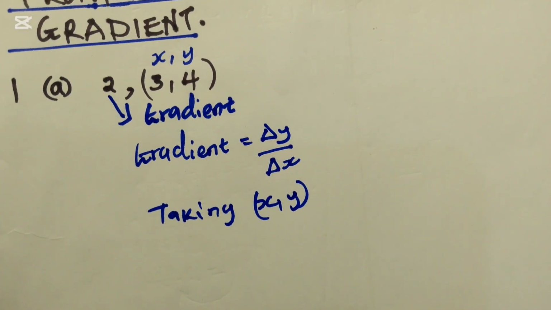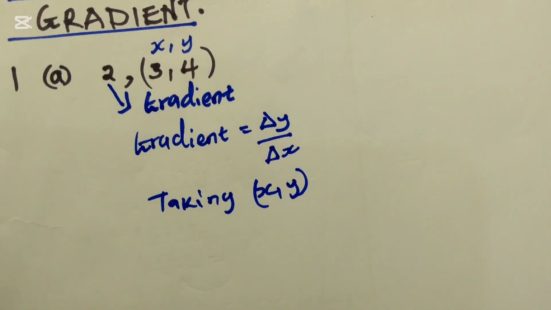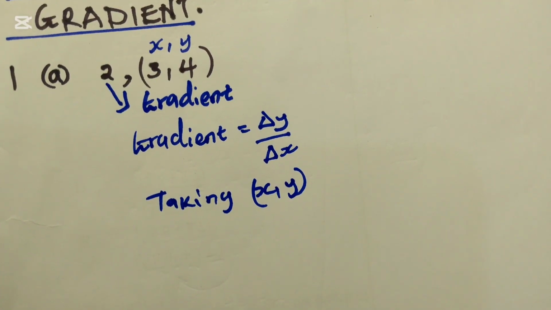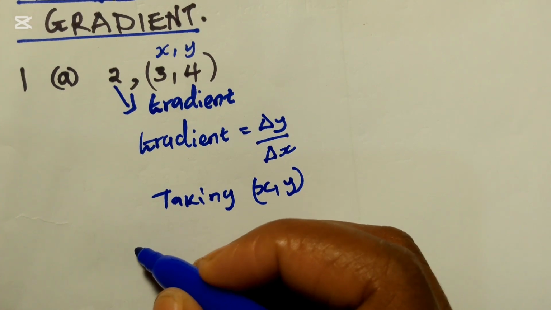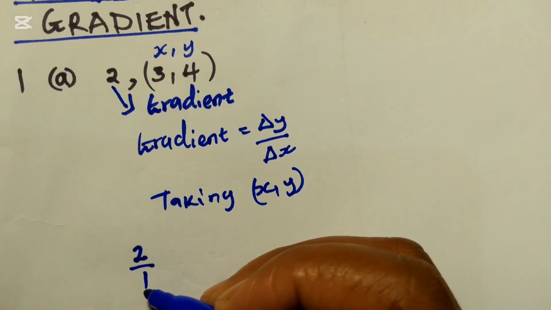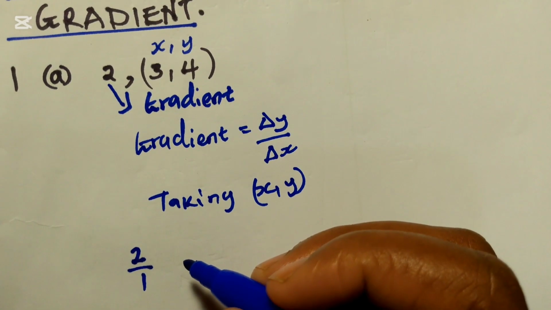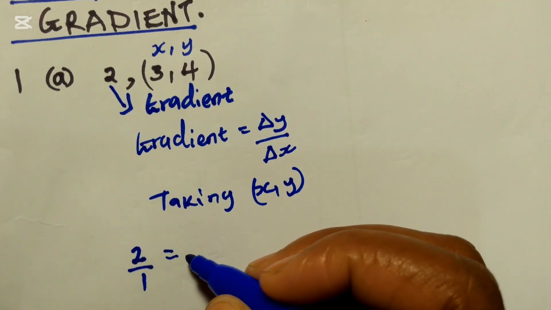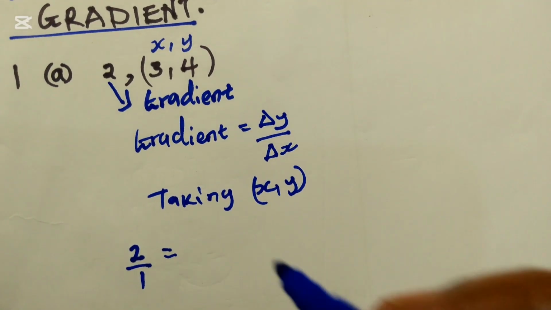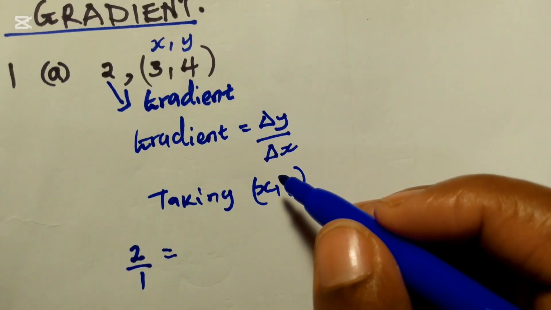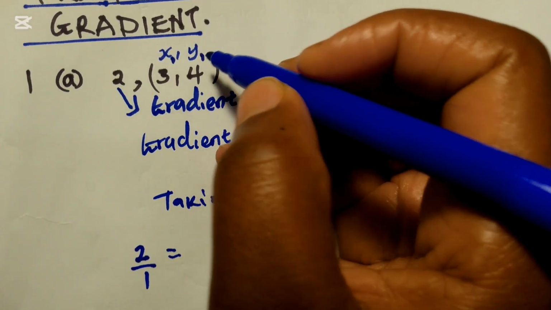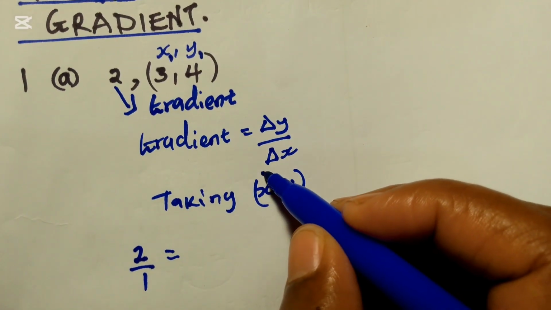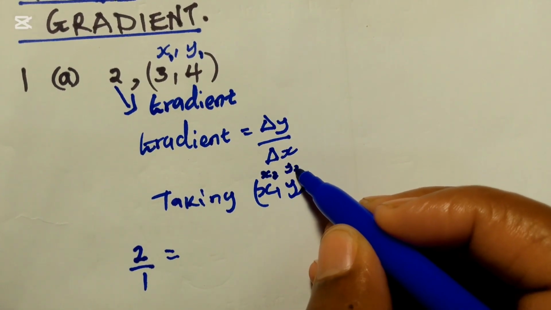Now, because we have 2 points, we can use the same method we used in the previous lesson to get the gradient. The gradient, which is 2 over 1, just the same as 2, is equal to y2 minus y1 over x2 minus x1. We can call the known point x1, y1, and the other point x2, y2.